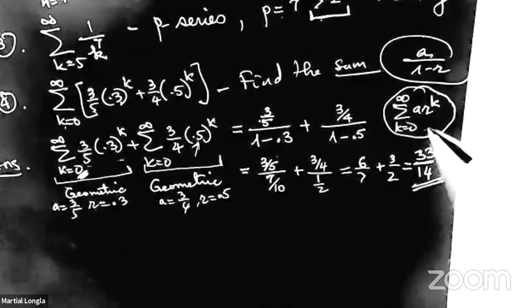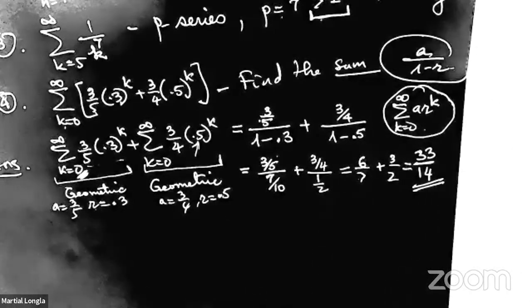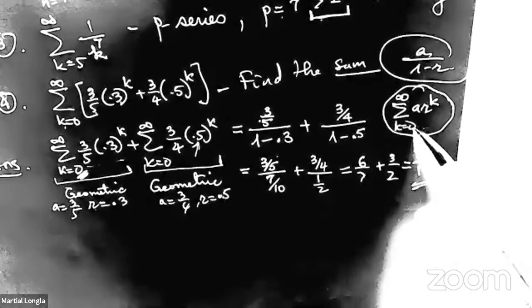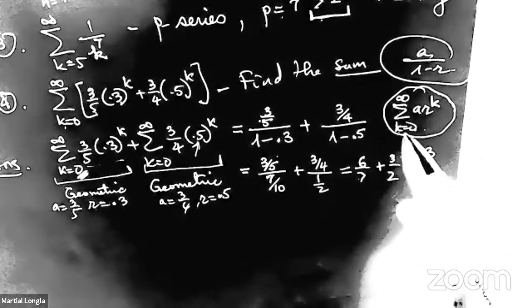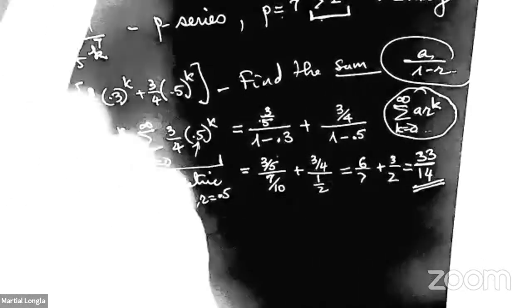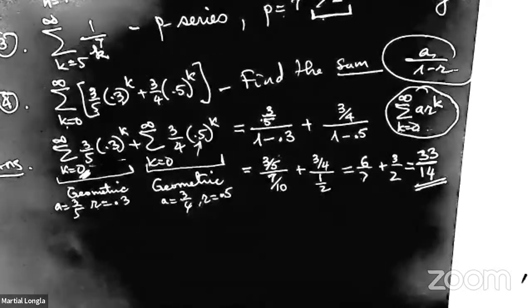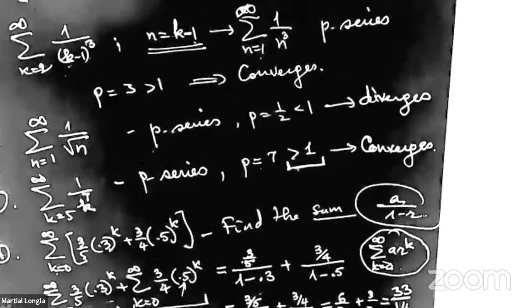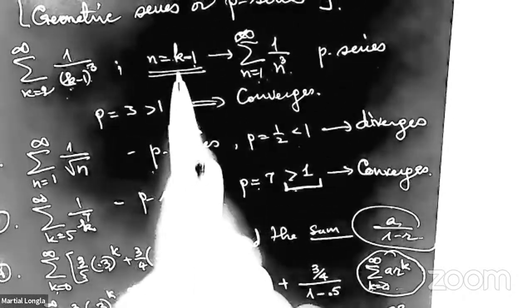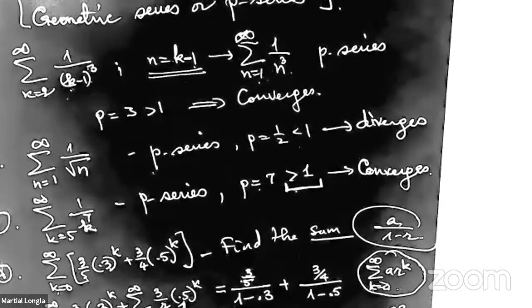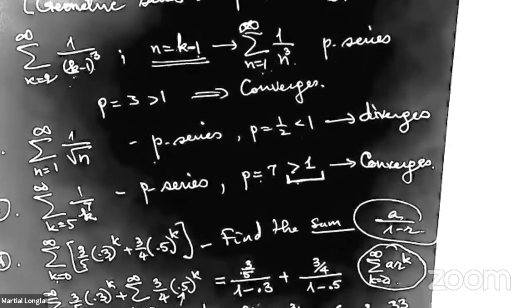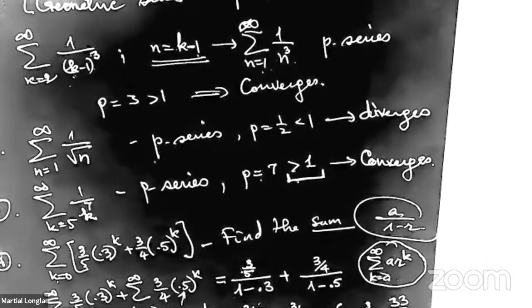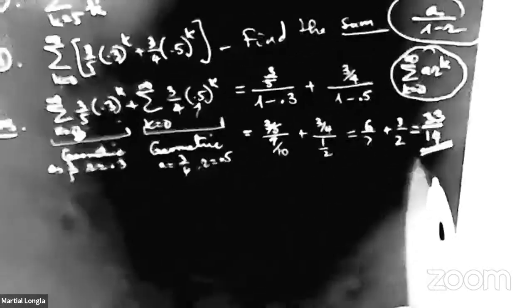For a sum that doesn't start here, you need to get it to this form. If it starts at 5, you need to do the translation the way we did in the previous problem. You can replace k by k minus 5 to make sure it starts at 0.